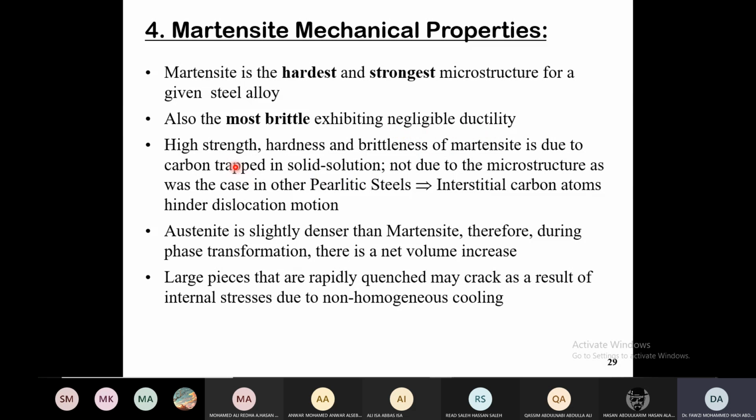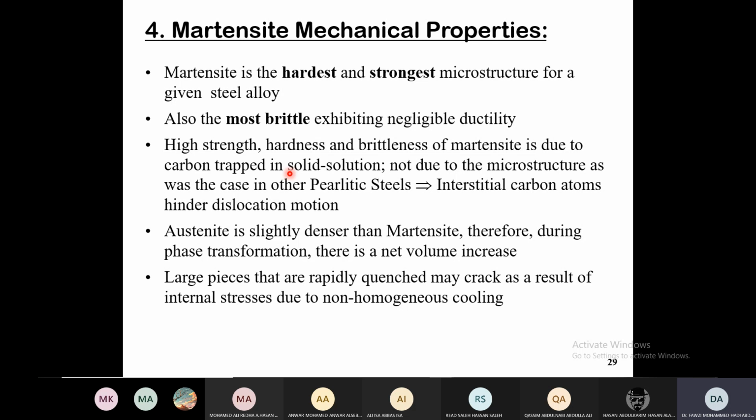Of course, we explained where that high strength and hardness comes from, and the brittleness of martensite is due to the carbon atoms trapped in the BCC crystal structure, which makes a solid solution. What type of solid solution? An interstitial solid solution, because these atoms are trapped there, causing stuffing of the BCC crystal structure, making it increase in size, elongate, and twist as well.